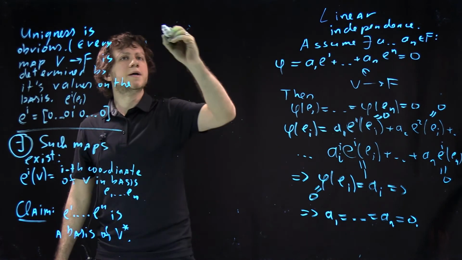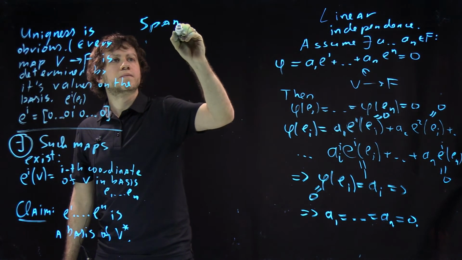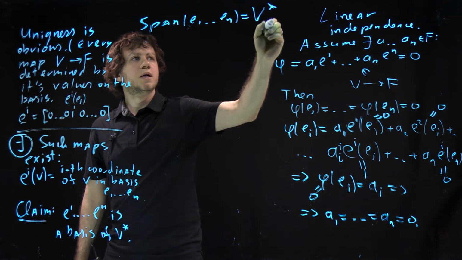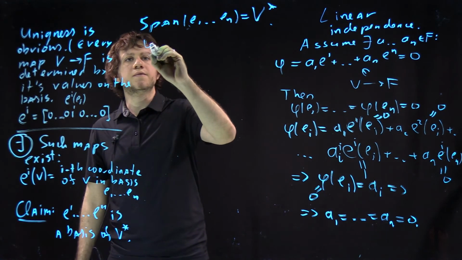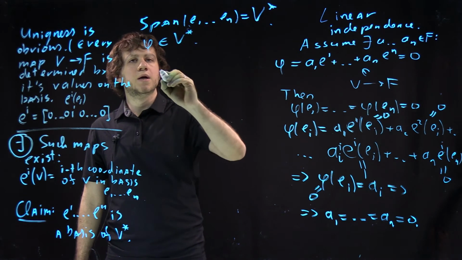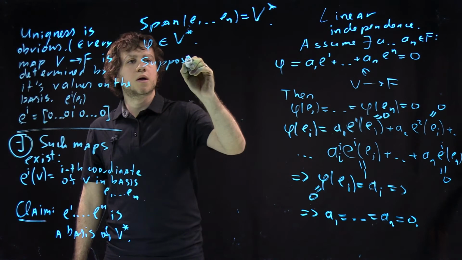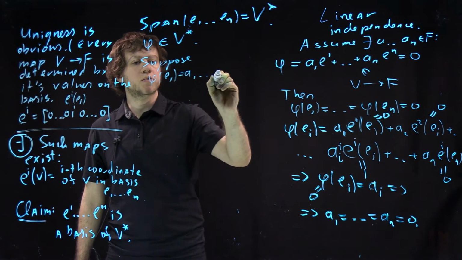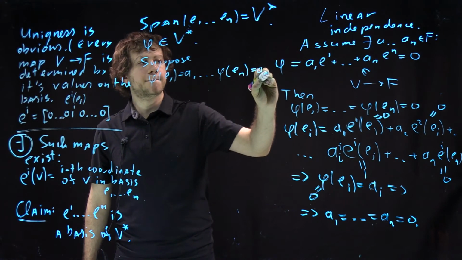So the second part is that span of e^1 up to e^n is the whole space V star. So they generate V star. So this is also really easy. So let's take phi inside V star. So then suppose phi of e_1 equals a_1 and so on, phi of e_n equals a_n.